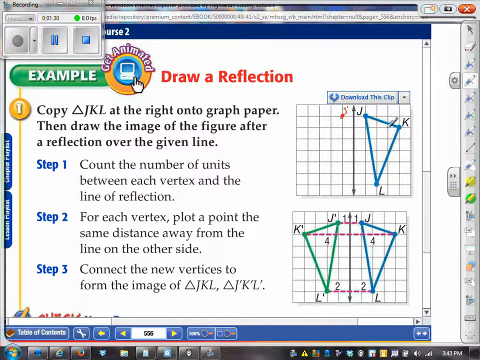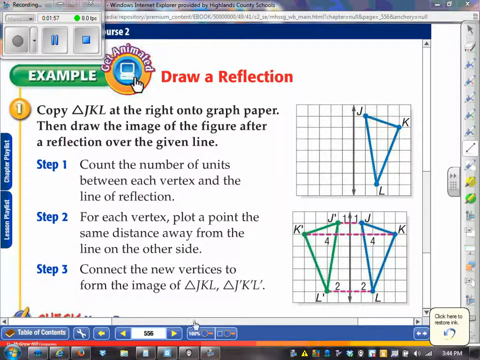And then K is 1, 2, 3, 4 over, and that would be K prime. And then L is 1, 2, L prime. Right? And then just connect the dots, and you have your image. A reflected image of your original figure right there, just like they've shown down here at the bottom.